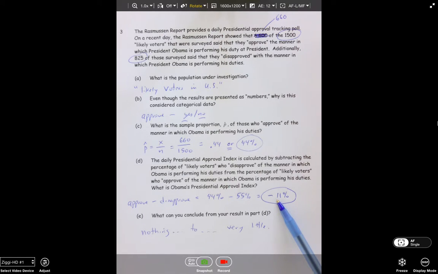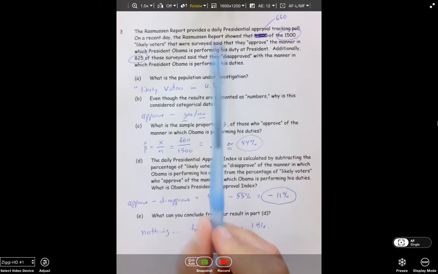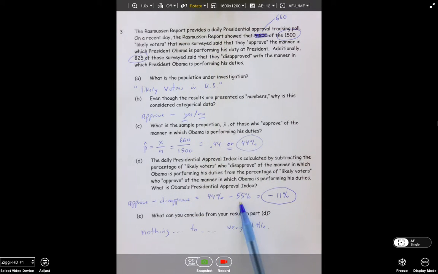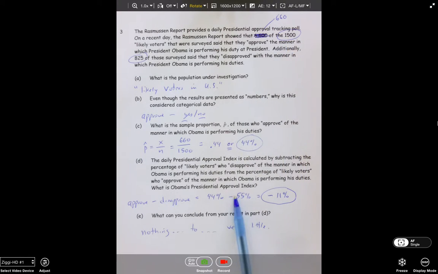Well, that may be true, but the only thing I can get from this Rasmussen report is that 55% of these 1,500 people disapprove, and 44% of these 1,500 people approve. I'm not willing to generalize to all U.S. voters, and you're not going to be able to do that until you get more statistical jargon and techniques under your belt.